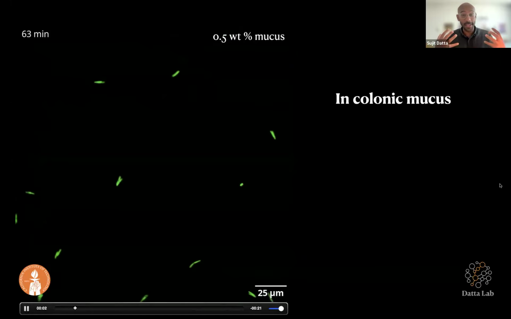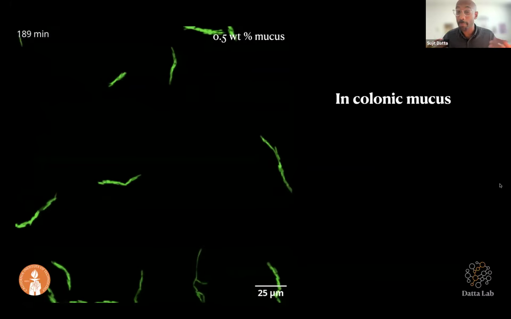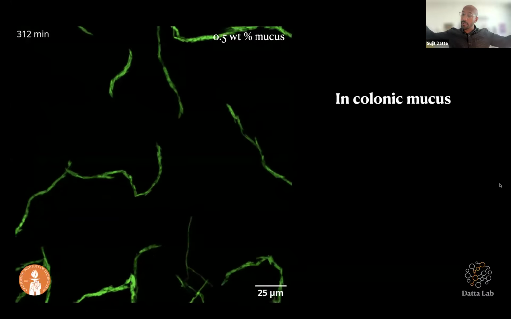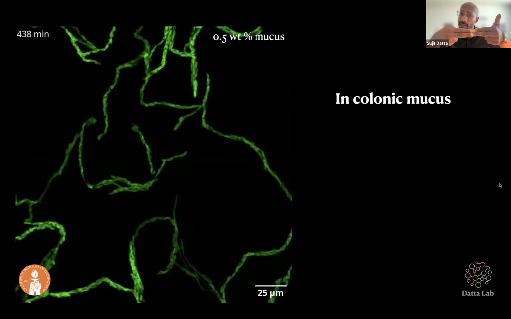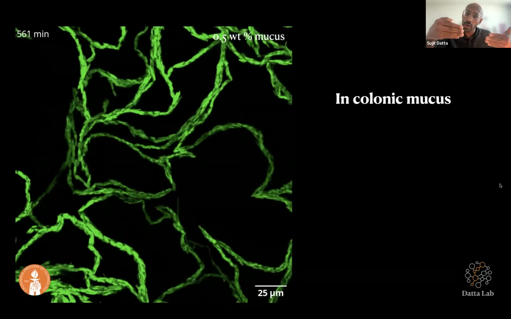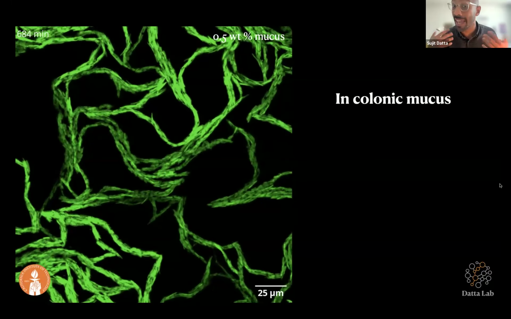So the cells are still consuming nutrients, they're growing, they're dividing. But you notice that instead of separating away from each other and forming this random dispersion, they remain stuck end to end, and they keep growing and dividing, right? There's local order, and they form these long, beautiful structures that we call cables.